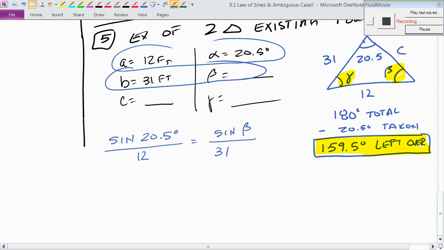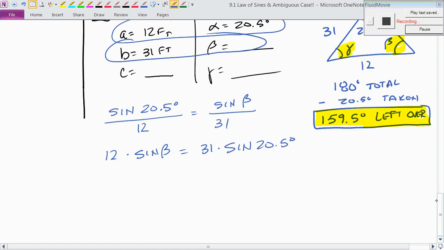That means that 12 times the sine of beta has to be 31 times the sine of 20.5 degrees. Our goal is to get beta, so I'm going to divide by 12.